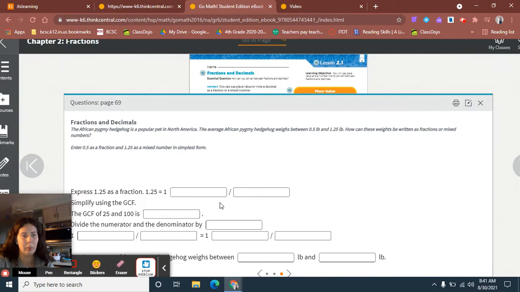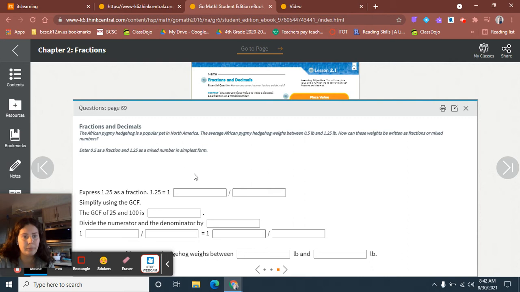Now, I need to zoom out really quick and see. It would be 10. Now, this is the question on here about expressing 1.25 as a fraction. So we have 1.25. Well, 25 would go on to our top fraction.